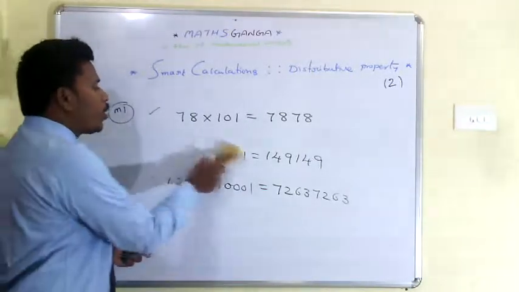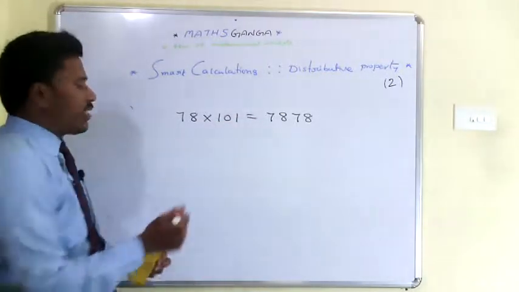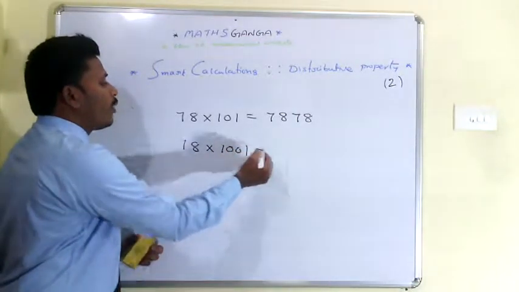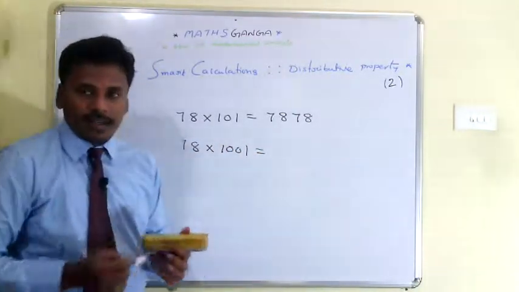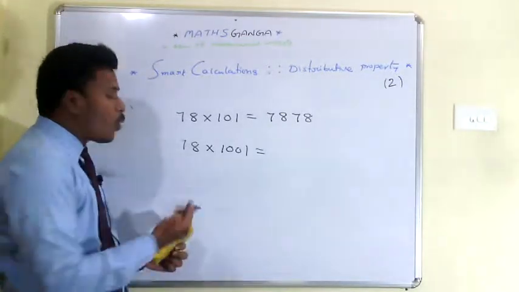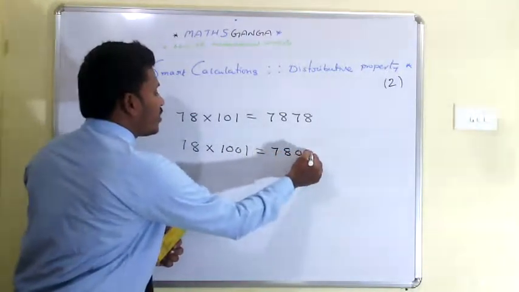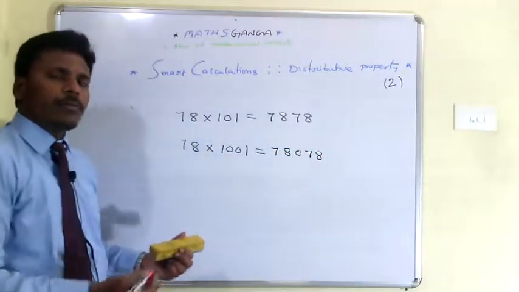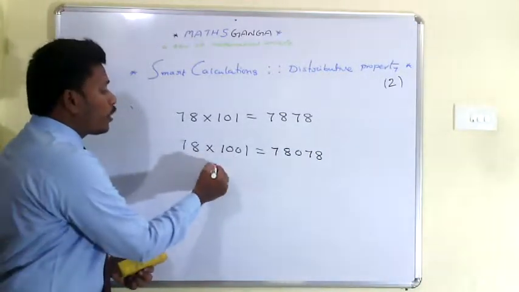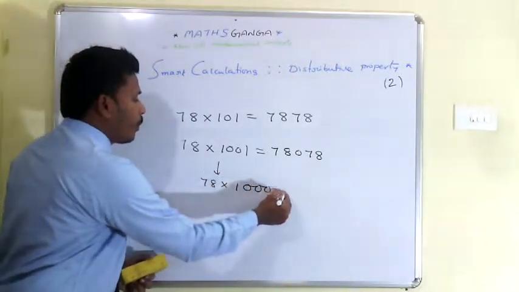Now coming to the second model. If you observe, 78 into 101 is 7878. Suppose I multiply 78 into 1001, then what happens? Since I am multiplying 78 with 1001, one more 0 is added, so the result is 78078. This happens because of the distributive property. 78 into 1001 is nothing but 78 into 1000 plus 1.